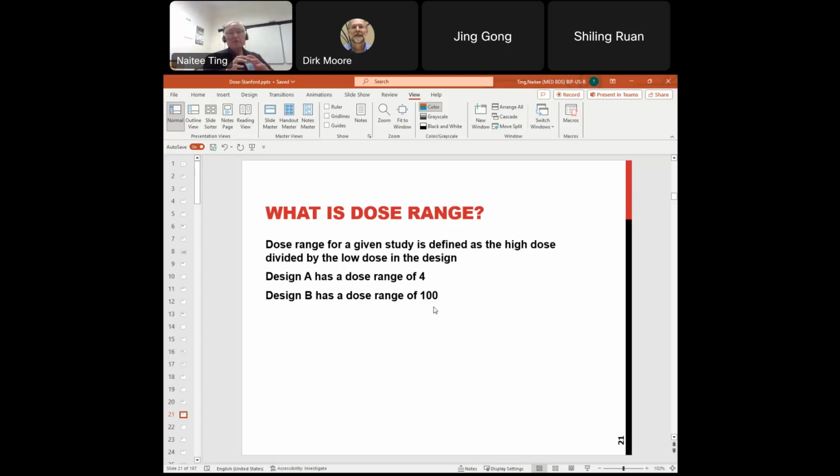So if you want to have a wider range, the best way is to move the lower dose to be lower. The lower the low dose goes, the wider the dose range is. It's not the higher the upper dose, because the upper dose is bounded by MTD. So you can only look at how low you can go.